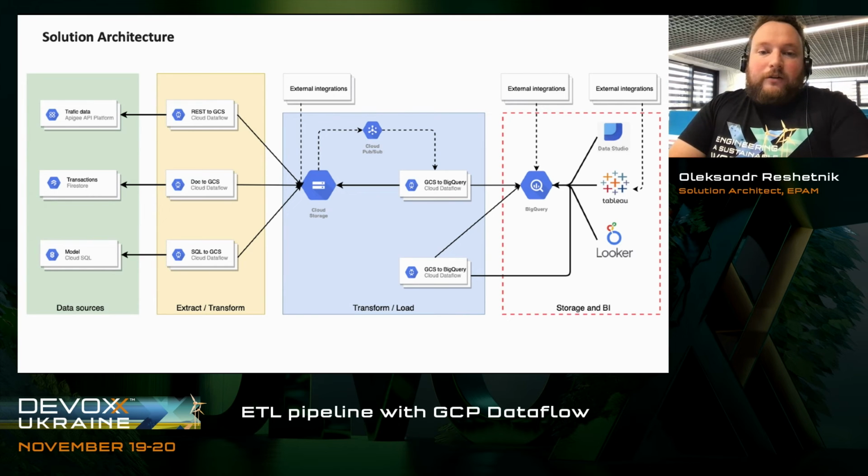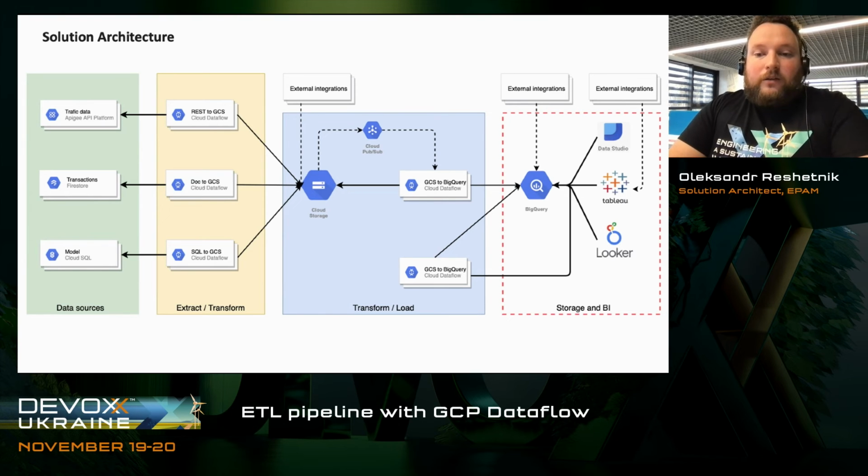And in general, it is the responsibility of every new integrator to create a data pipeline in the second slice. In the third slice, we have a pipeline that moves data from cloud storage to BigQuery. This is our main storage. And the final slice has integrations from BigQuery to BI tools.